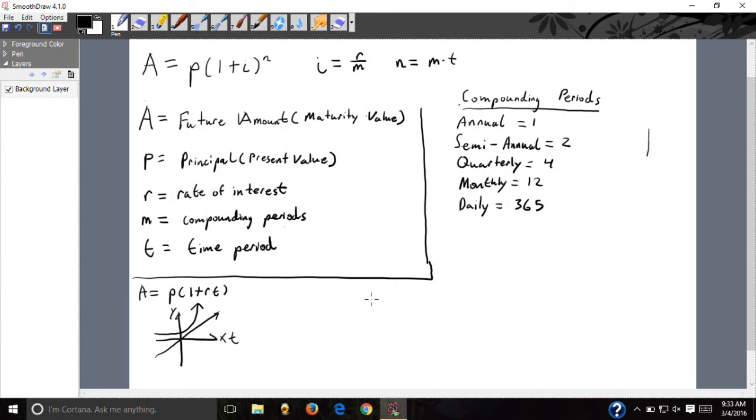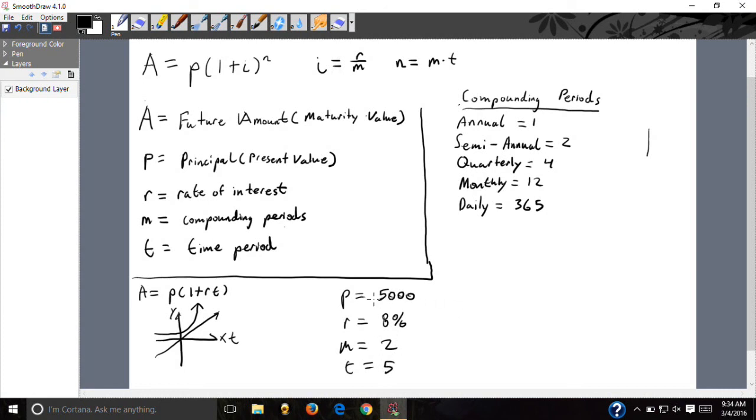So let's go ahead and put this into practice. I have a principal value of $5,000. I've got a rate of interest at 8%. I have compounding periods of 2 because it's semi-annual, and t of time periods, which is, I'll say, 5 years.